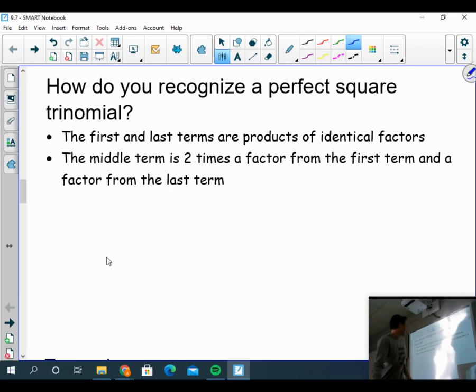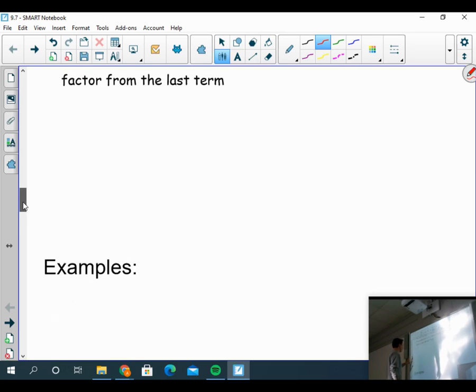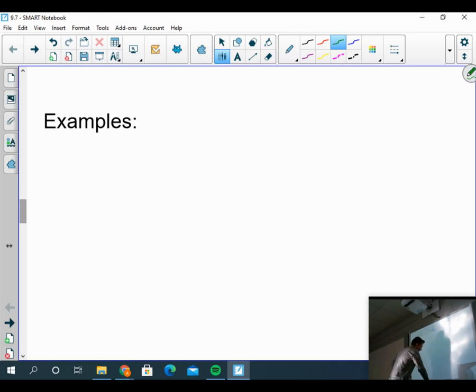The middle term is going to be 2 times a factor from the first term and a factor from the last term. And these are the two, make sure you have these written down, these are the two criteria we have to meet in order to recognize a perfect square trinomial is present. So let's look at an example. Again, pause the video, go back if you need to finish writing that definition down. Make sure you have those solid.